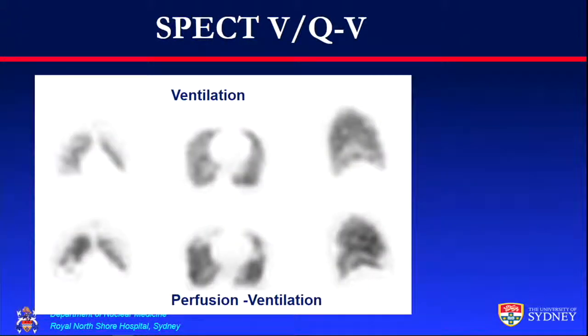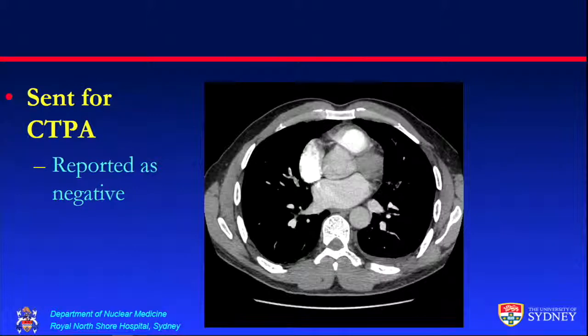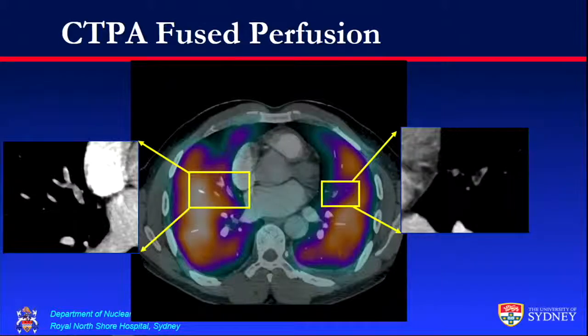And if you look at those images, the ventilation is abnormal. And I think this is very important in such cases. So there are a number of perfusion defects. And because we said, look, there's some mismatch, they sent him for CTPA, and it was reported as negative.